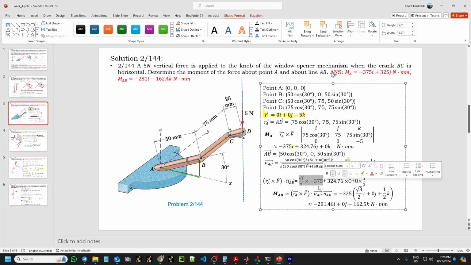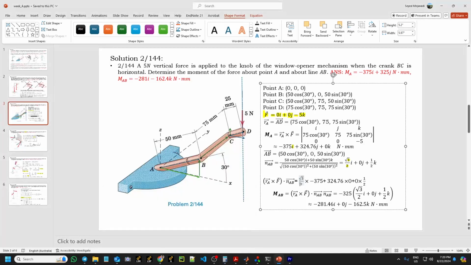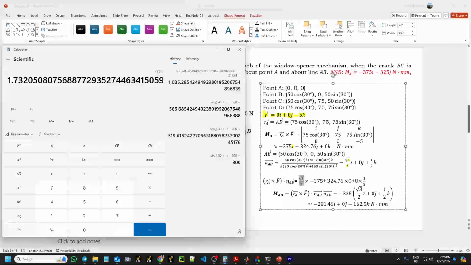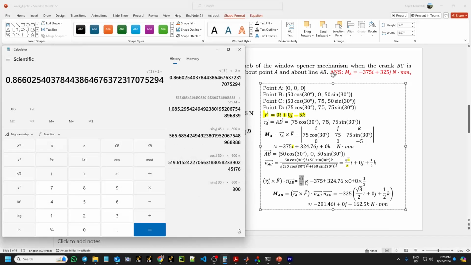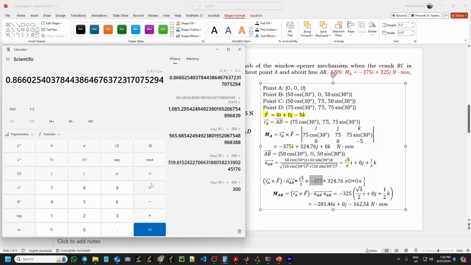How much is this? Let us use the calculator. Square root of 3 divided by 2 times 375.